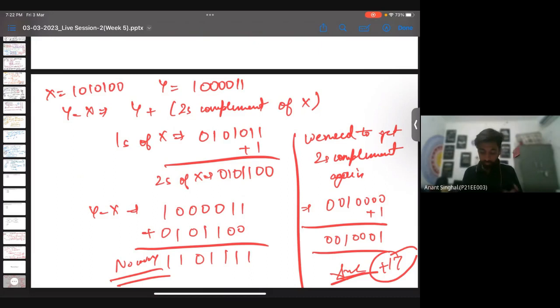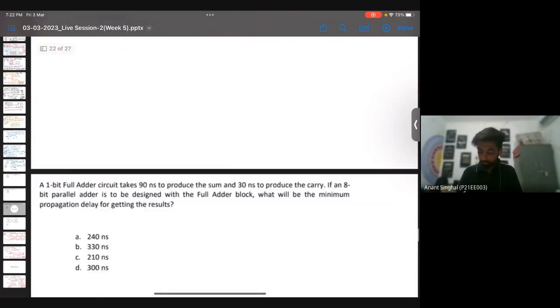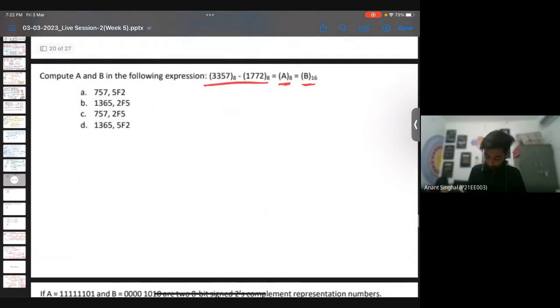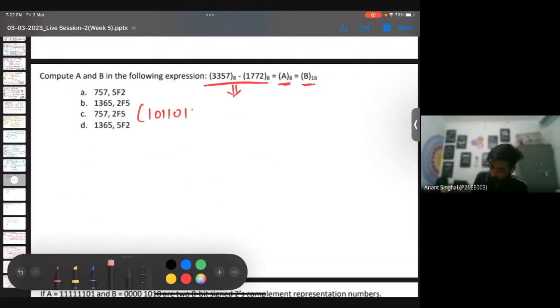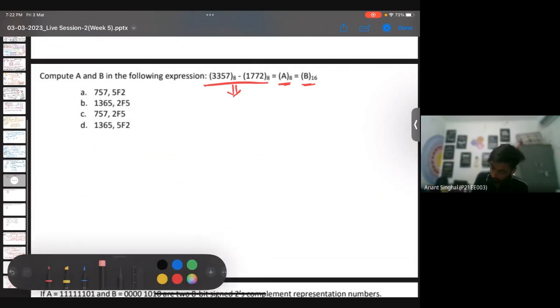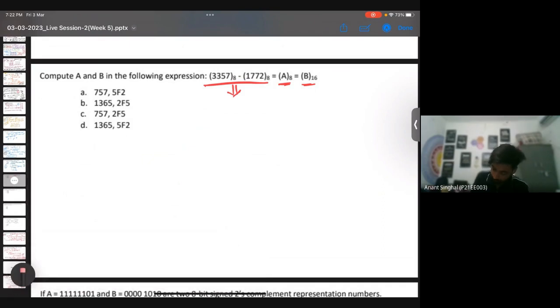I hope it is clear now so that we can proceed to the question that was given in the assignment. So here you can see that first of all we need to convert them to their binary equivalent. 3 is 011, then 011, then 5 is 101, and then 7 is 111.